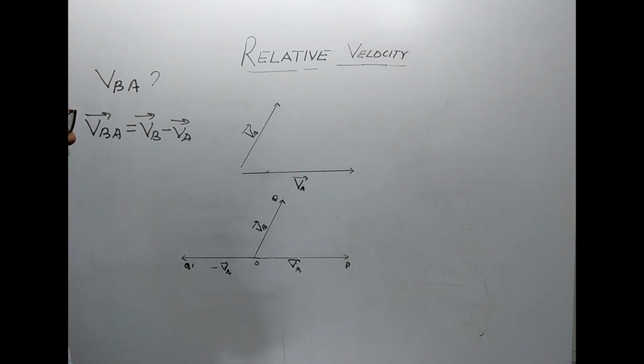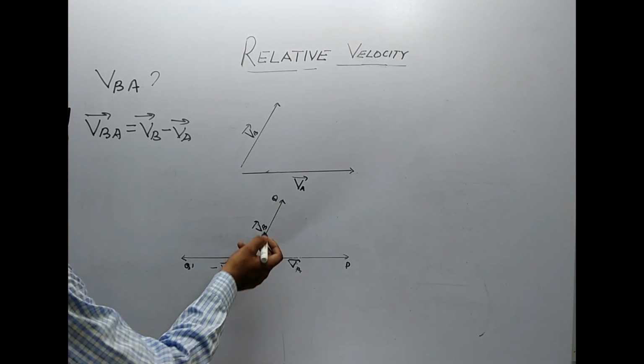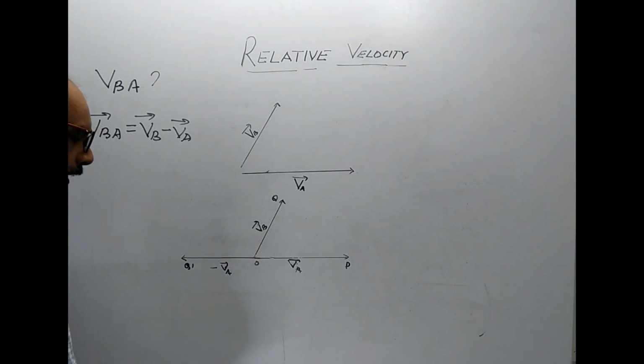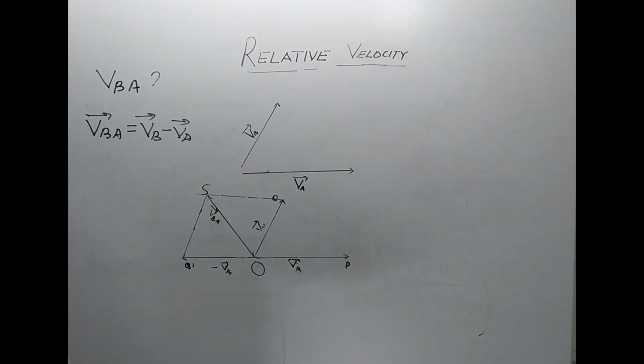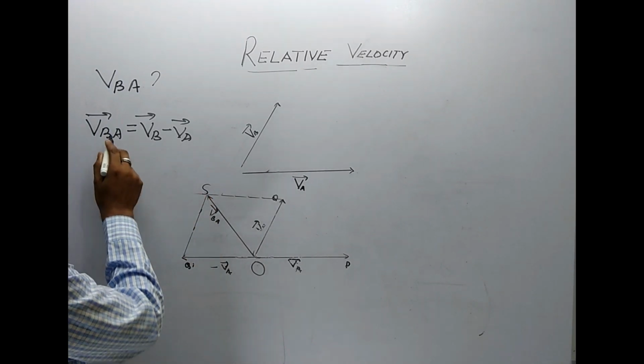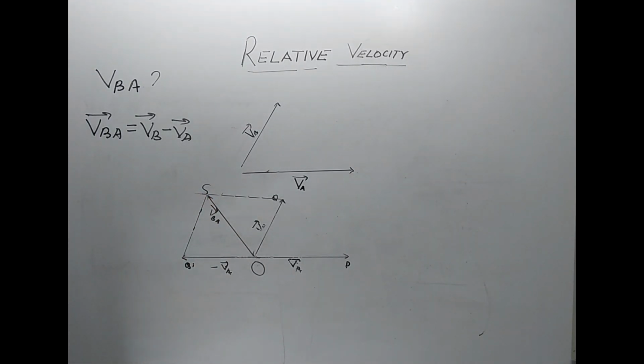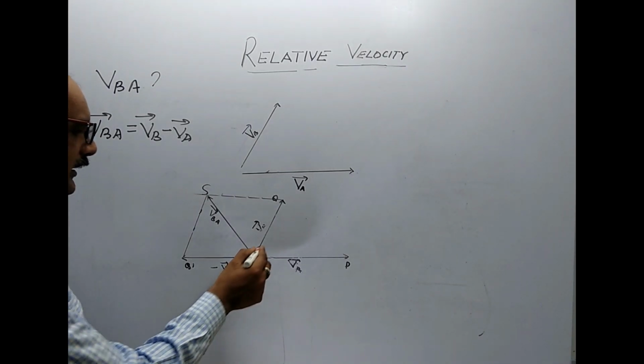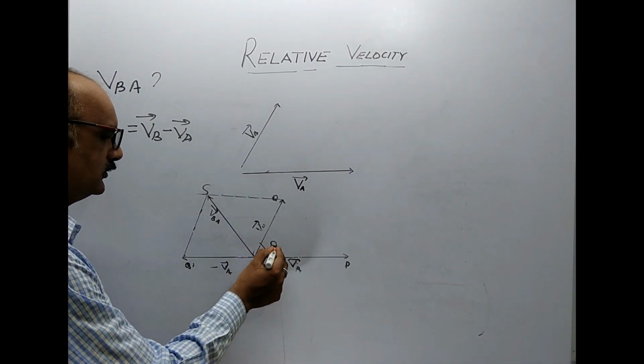By applying the law of parallelogram, the resultant of VB and minus vector VA is given by this vector OS, which will give the vector VBA, and this angle is as usual theta.